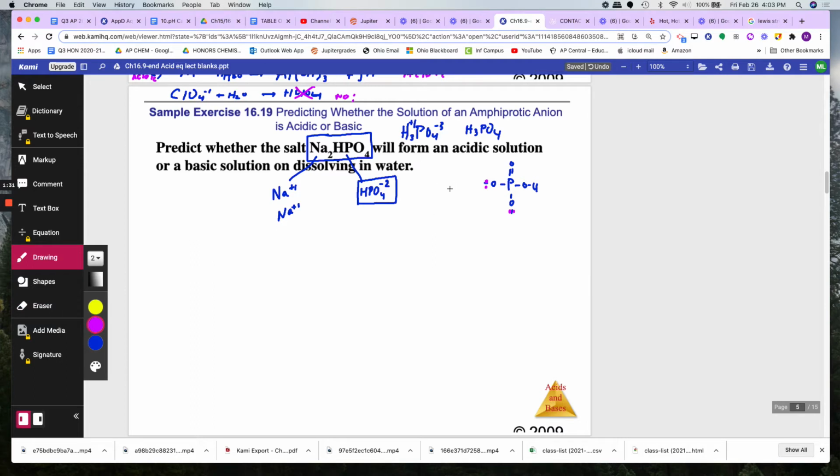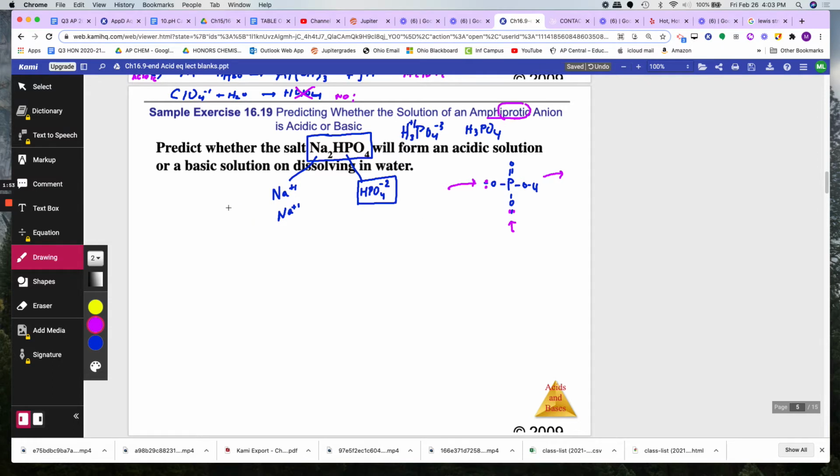It can take an H in this position, and it could also lose this H. So this HPO4 -2 can be both an acid and a base. It's called amphiprotic, which means it can accept a proton or give a proton.